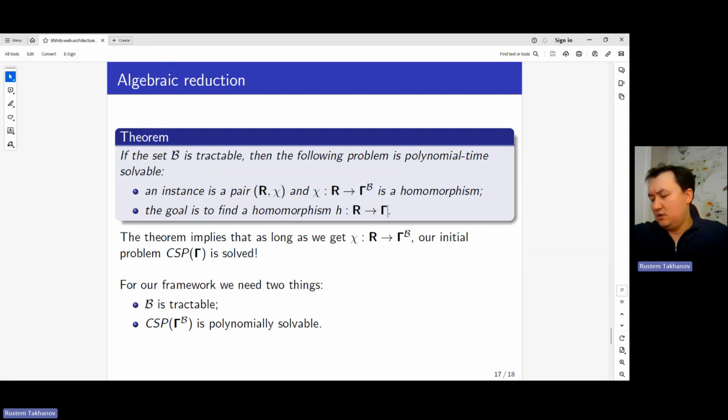So this automatically defines plenty of different algorithms for CSP gamma. Of course, these are all algorithms that can lead to success only on the condition that at the first stage, when you basically substitute gamma with gamma superscript B, the homomorphism from R to gamma superscript B exists. If it exists, then we can solve our initial problem, CSP gamma.